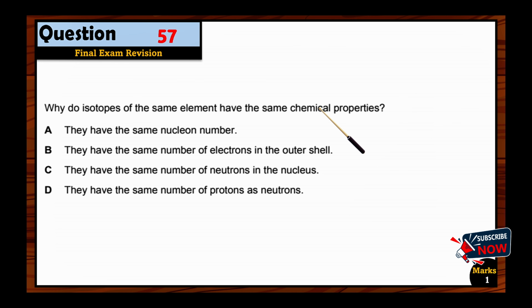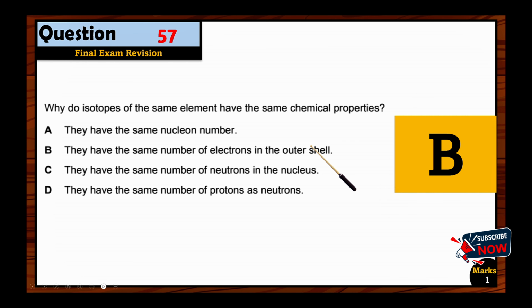Because electrons are the ones involved in all chemical reactions, in the formation of bonds and in the breaking of bonds. So for isotopes of the same element, to explain same chemical properties, you have to find the answer related to the electrons. Where can we find that? They have the same number of electrons in the outer shell. Yes, so option B is right.